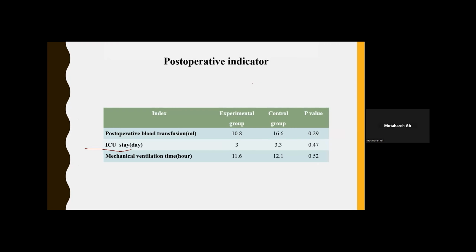The amount of intraoperative blood transfusion in the experimental group was significantly lower than the control group, which is 205 in the experimental group and 205 in the control group.